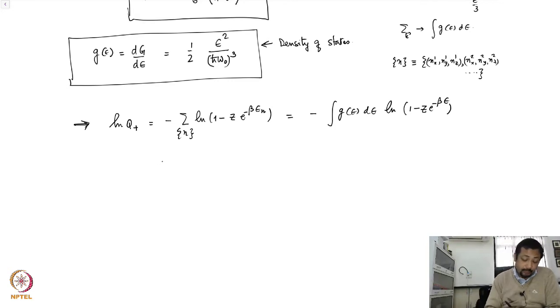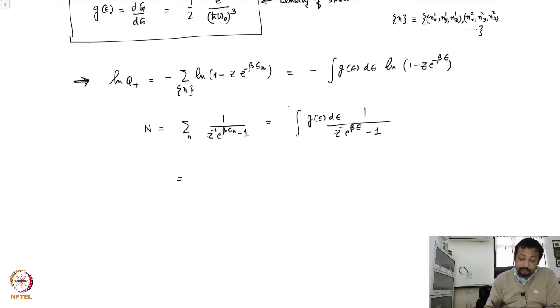For the critical temperature for the Bose-Einstein condensate to appear in such a system, I need the total particle number, and that total particle number is given by sum over n 1 over z inverse e to the power beta epsilon minus 1, and this is going to be integral g(epsilon) d epsilon 1 over z inverse e to the power beta epsilon minus 1.